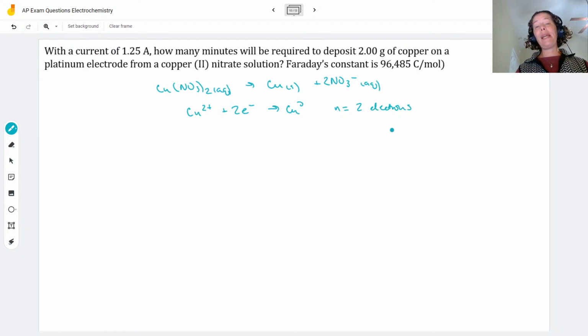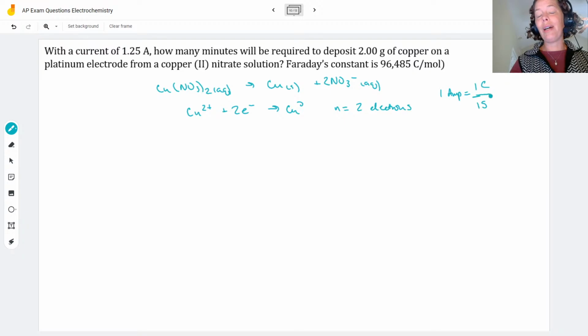And we're basically going to treat this problem as a dimensional analysis problem because that is what it is. It is a long dimensional analysis problem, but all you're going to do is string together your conversion factors so that you can convert from grams of copper to minutes. One thing that's going to be really helpful here, besides Faraday's constant, is to know that 1 amp is equal to 1 coulomb per second.